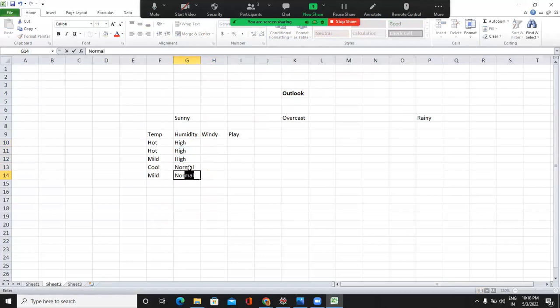We are concerned with only sunny here in this part of the tree. This is not becoming an actual tree, this is becoming an interim table.